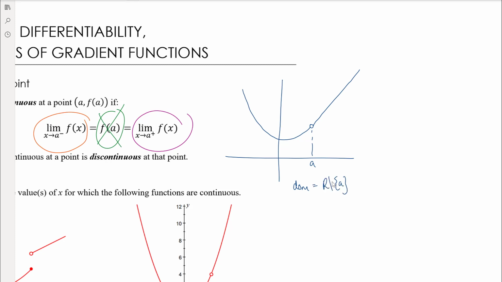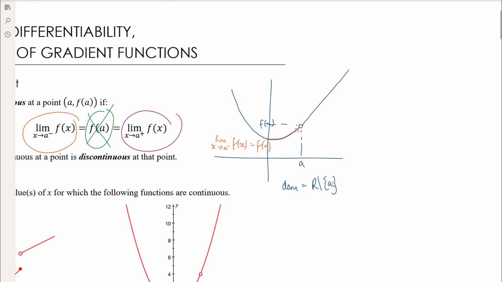Now in that instance, the left-hand side, the limit as we approach a from below, certainly does, so that point would still have coordinates f at a. The limit as x approaches a from below of f of x would indeed be f at a, okay? And the limit as x approaches a from above would also be f at a.